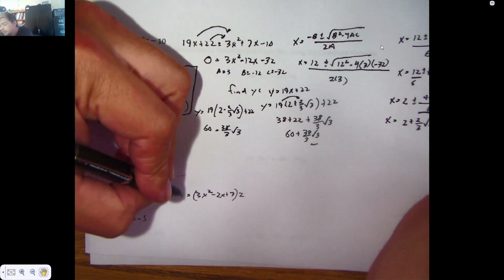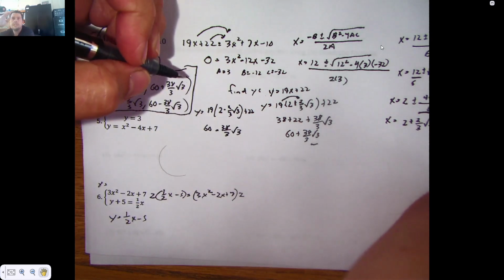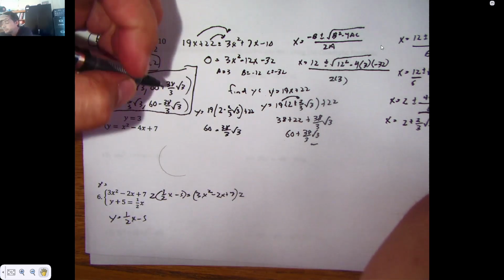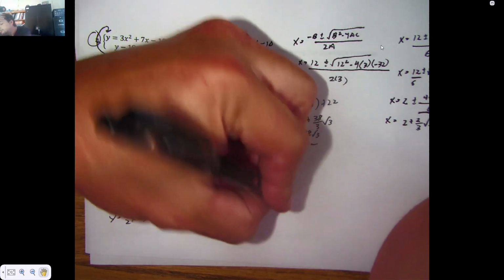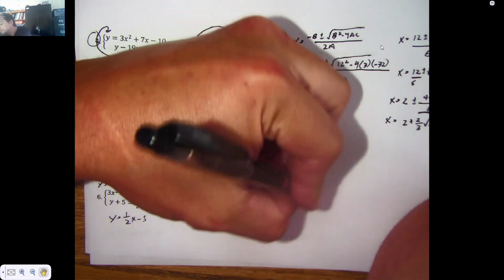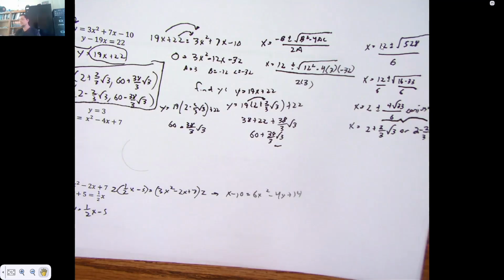I'm going to double both sides. As long as you do the same thing to both sides, you don't break equality. And that's going to give me x minus 10 equals 6x squared minus 4x plus 14. The reason I doubled both sides is because I didn't want to screw around with fractions. Plain and simple. Didn't want to mess with them.